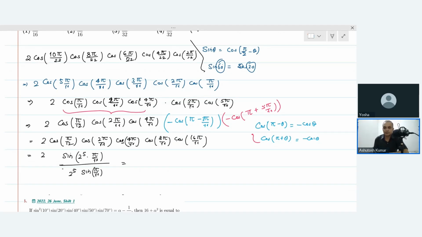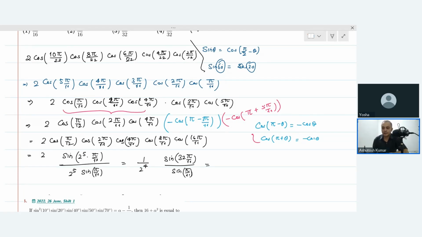So from there, this 2 and 2 to the power 5 will make it 2 to the power 4. Sine to the power 5 is 32 pi by 11. So sine 32 pi by 11 is here, and in the denominator I have sine pi by 11.